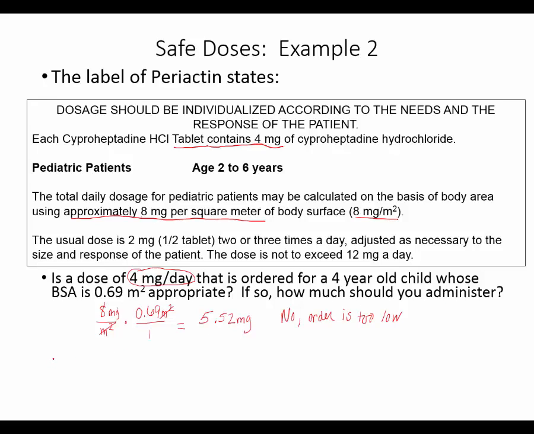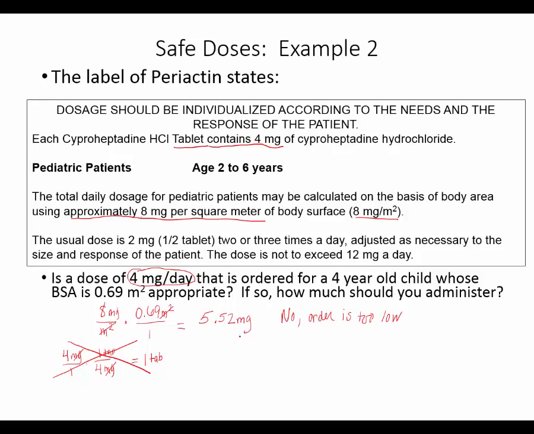If we were to, we would take the order of 4 milligrams, and then we would use the tablet strength, that there's 4 milligrams to 1 tablet. Milligrams would cancel, and we'd get an answer of 1 tablet. That's based on the order, but we should not be administering this because it is too low of a dose.